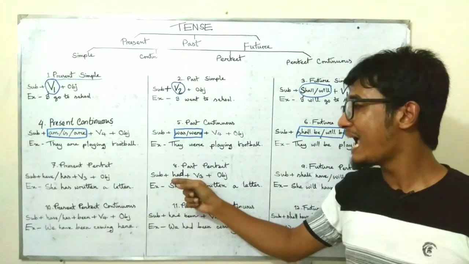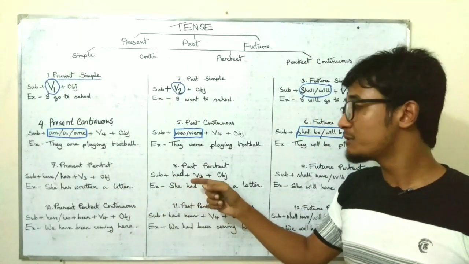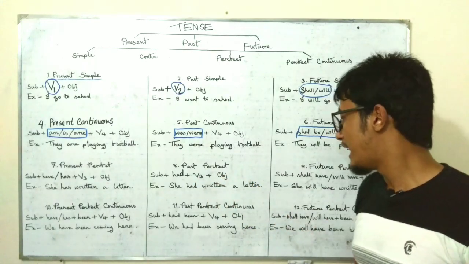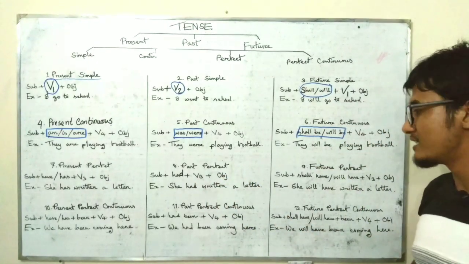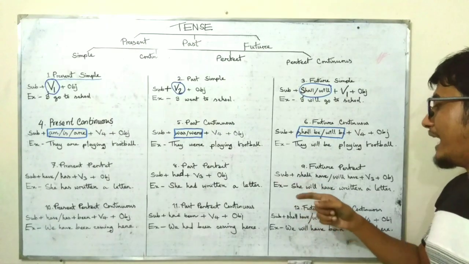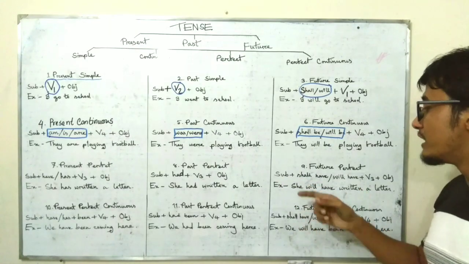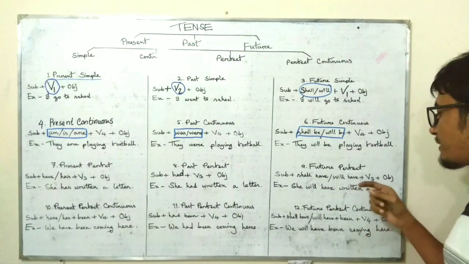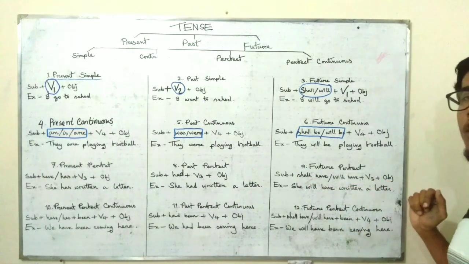It will be had. And again, past participle, which is V3, and finally an object. And in future perfect tense, we begin with the subject, and there is no to have. To have, really, shall have or will have, and similarly a past participle, V3, and object.